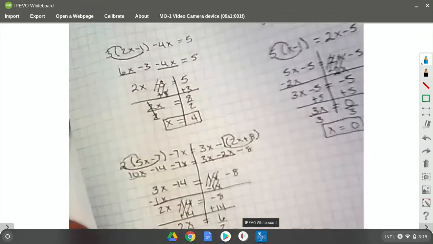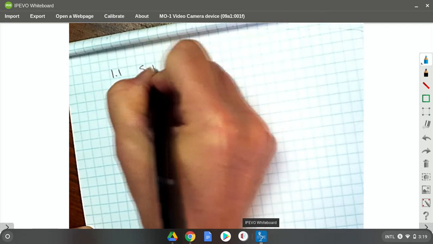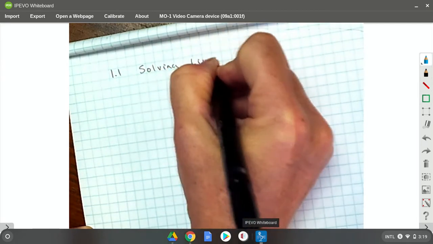A couple of things about those linear equations I'm still going to talk about is when they show up with fractions. And when they show up with fractions, what we do most of the time is just eliminate. I'm still on 1.1, solving linear equations.